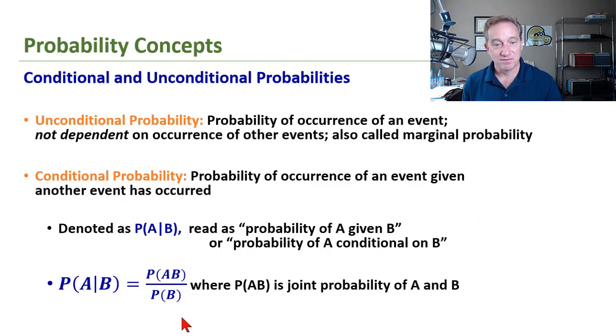Here we have a fundamental relationship. The conditional probability, the probability of A conditional on B, is equal to the joint probability of A and B divided by the unconditional probability of B. We'll look at joint probability in just a moment.